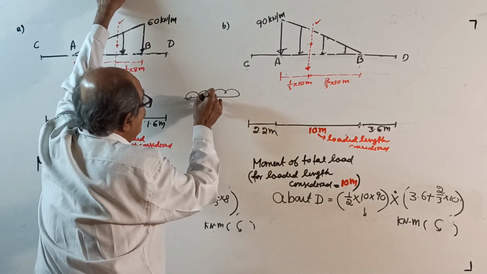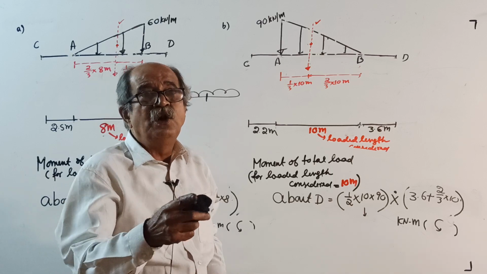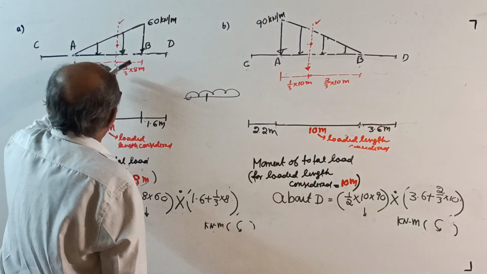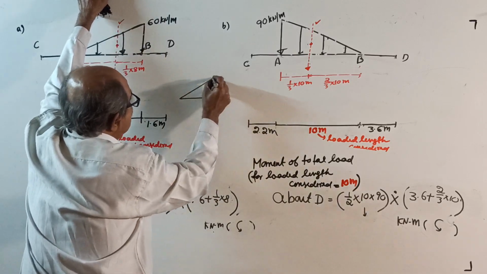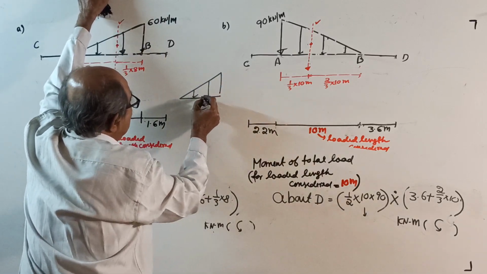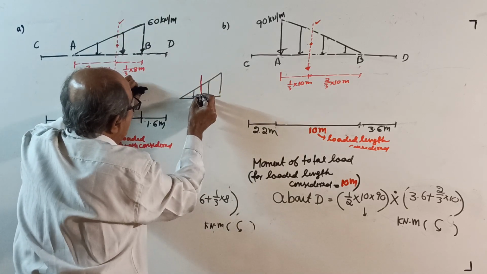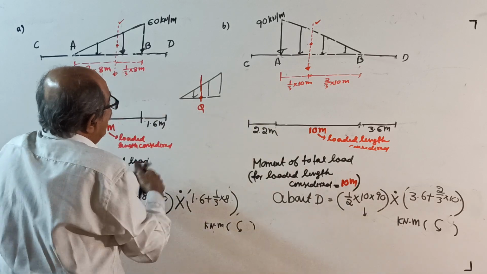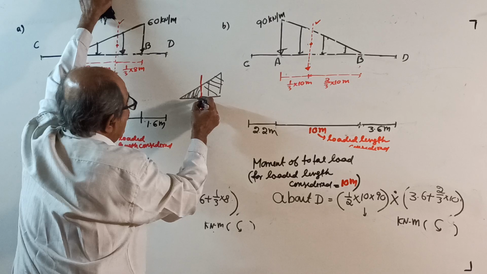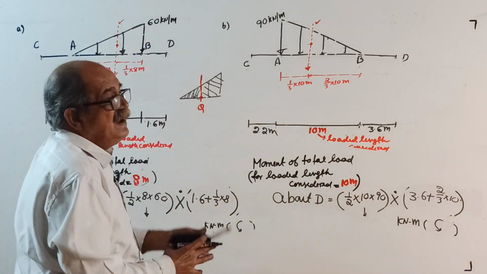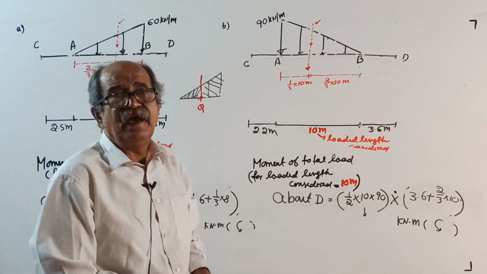Now, someone asked, sir, last time, sir, for UDL, you told something special. Suppose you require some point here, either left or right, what to do? That I will not do now, because suppose you want, for some reason, moment of the total load somewhere here, I think Q point I have taken, either to left side or to right side about Q. Then if you look left side, you get once again right angle triangle.